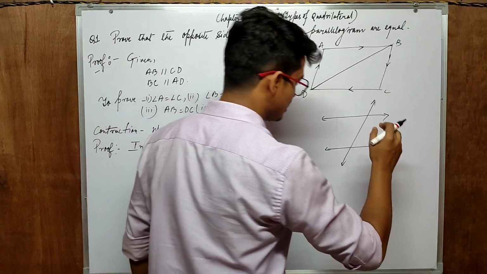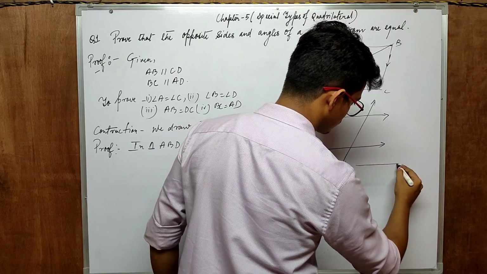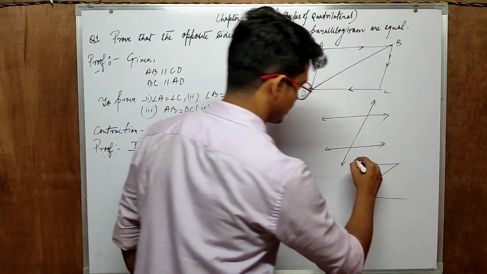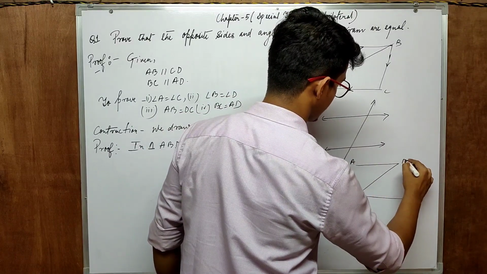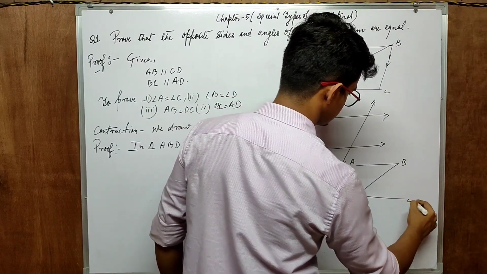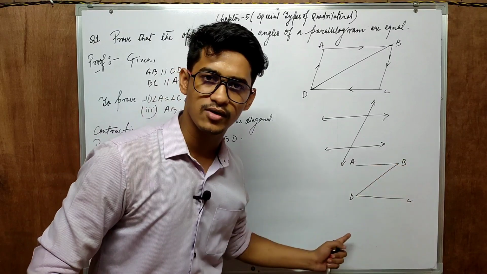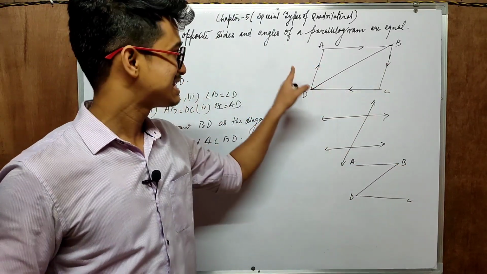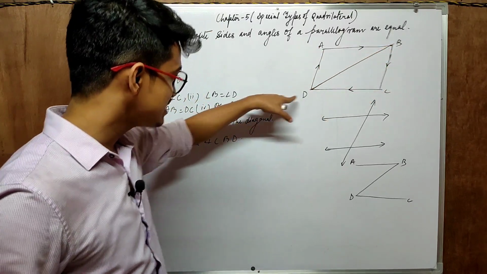We know that. So if I draw like this, this is also a transversal. So BD is also our transversal. Exactly the same, it looks like this figure: Z, A, B, D, C.